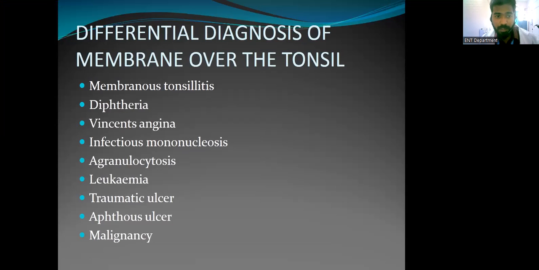Basically, the membranous tonsil, but there are other things which can cause a membrane over the tonsil. We have a set of 10 differential diagnoses for a membrane over the tonsil.